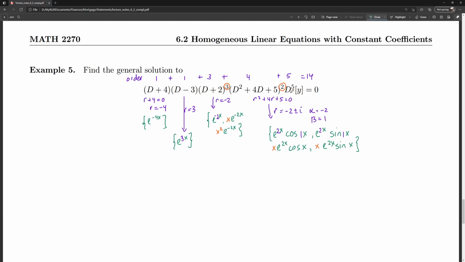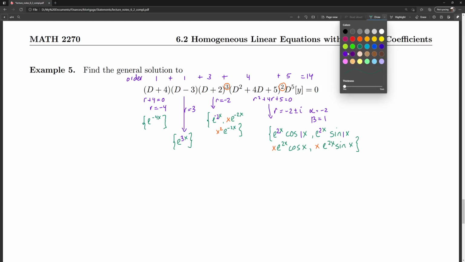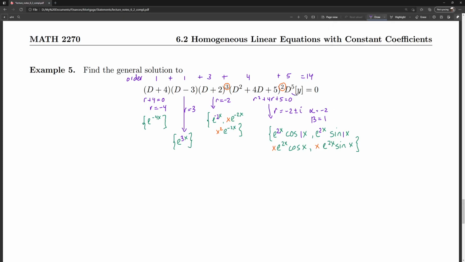And then finally, we have D to the power 5, and that translates in terms of the auxiliary equation to r^5 = 0, or r = 0 by taking the fifth root on both sides.